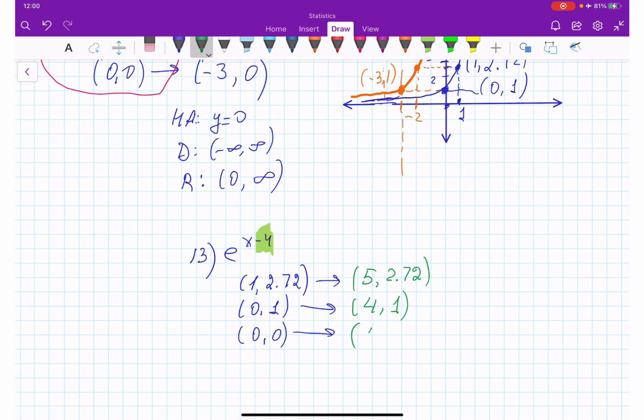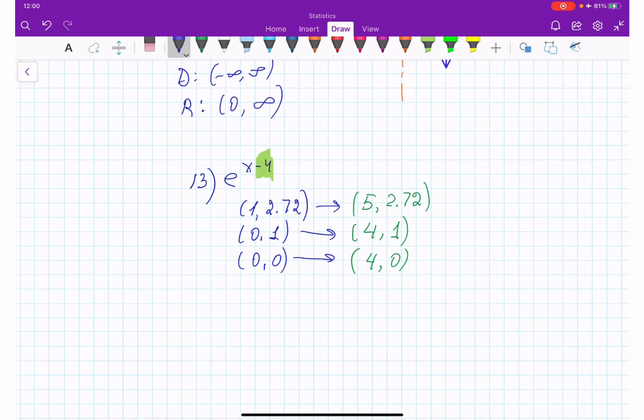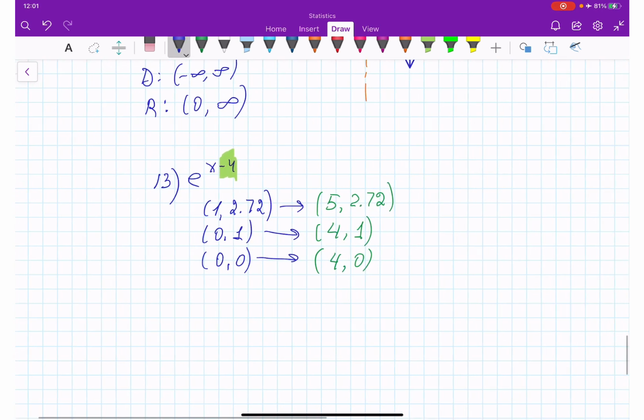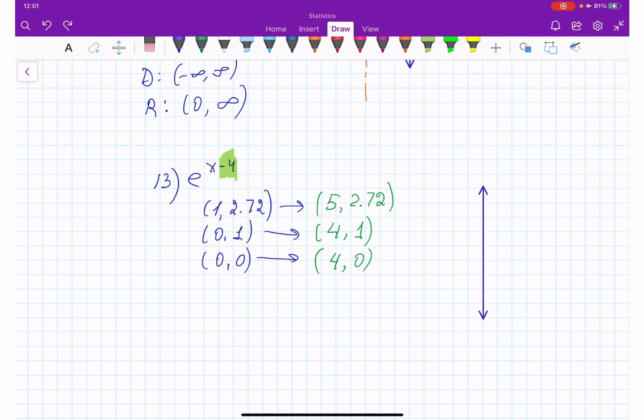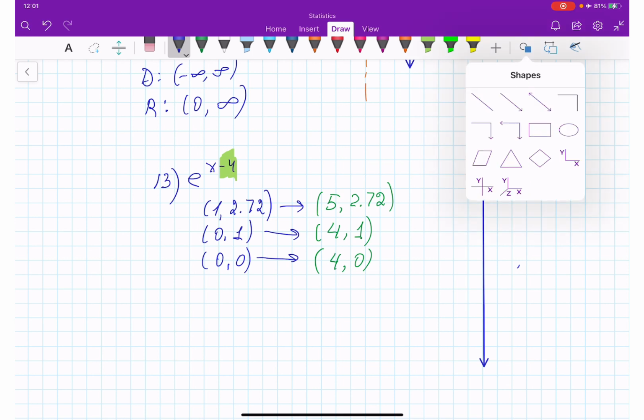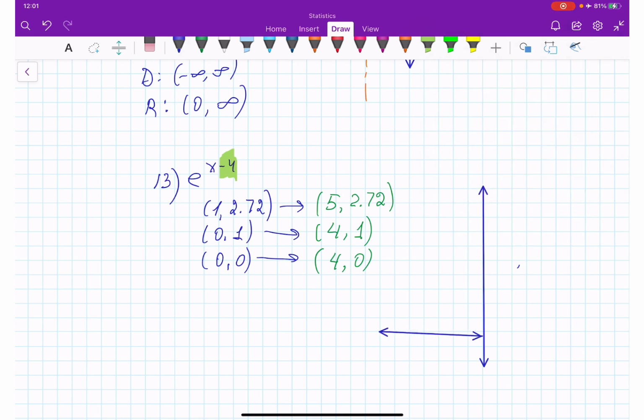And 0 plus 4 is 4 and 0. Okay, and I'm going to build the graph, and I'm not building e to the power x anymore because we already know how it looks. So shifting points, we go by points. This one, and then this one. All right. So let's build the points.